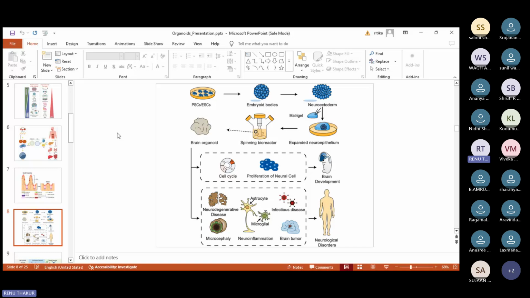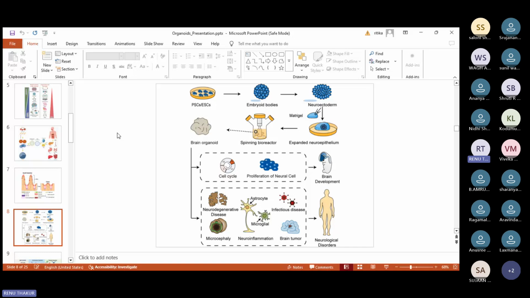Next, we'll come to the cerebral organoids, which we have been continuously discussing, that is brain cells. These organoids self-organize into neural networks, displaying cortical layering with distinct neuronal populations arranged in characteristic laminar patterns. They exhibit spontaneous electrical activity resembling patterns seen in the developing brain. This makes them valuable for studying neurological disorders and brain development.